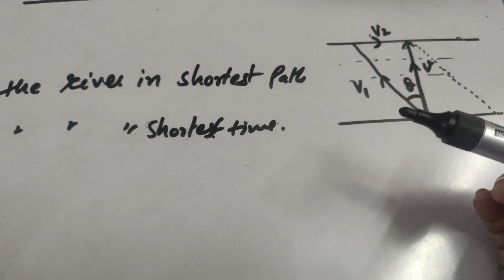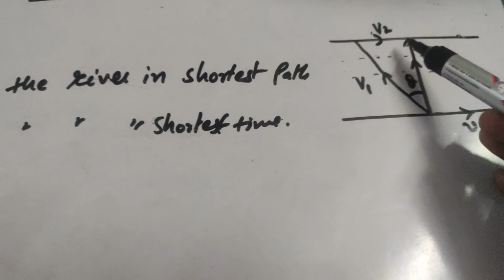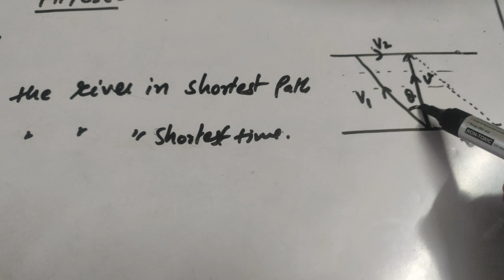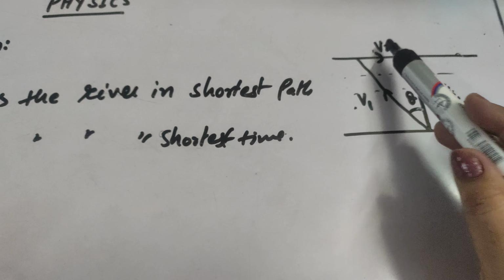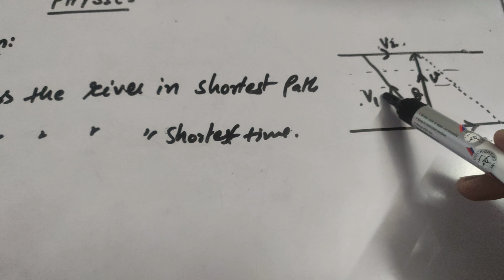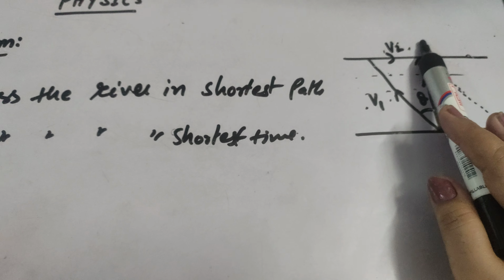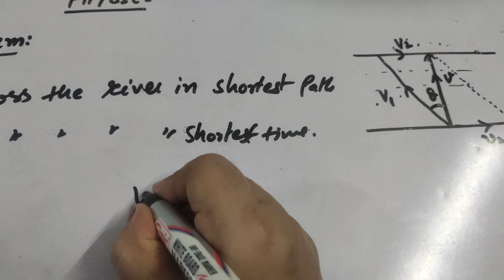So if we want the boat to cross the river in the shortest path, it should enter the river at an angle theta with velocity v1, so that due to the effect of the river velocity it will move in this direction, which is the resultant velocity direction. Now in this case the resultant velocity v can be calculated as follows.